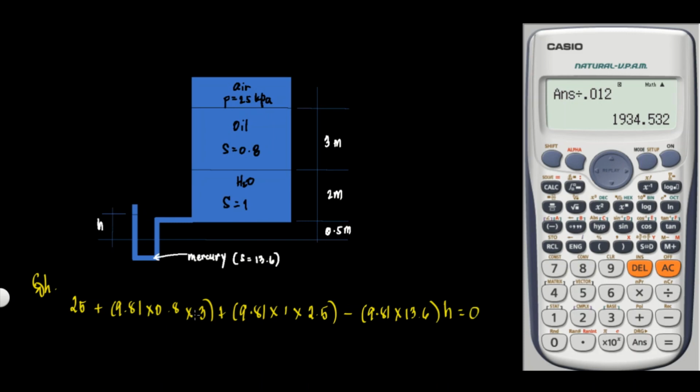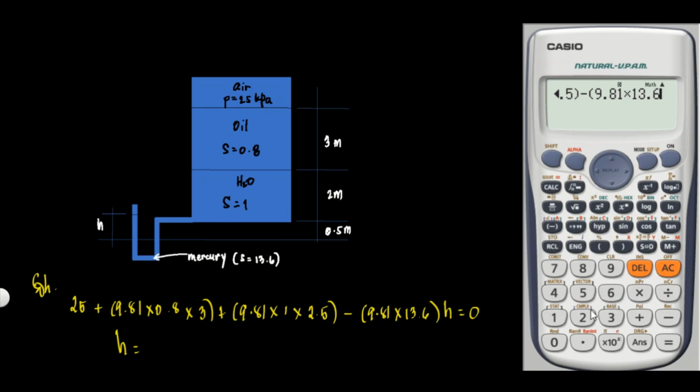So we have one unknown, and we can solve it using the Casio. So we have 25 plus 9.81 times 0.8 by 3, then plus 9.81 times 2.5, then minus 9.81 times 13.6.